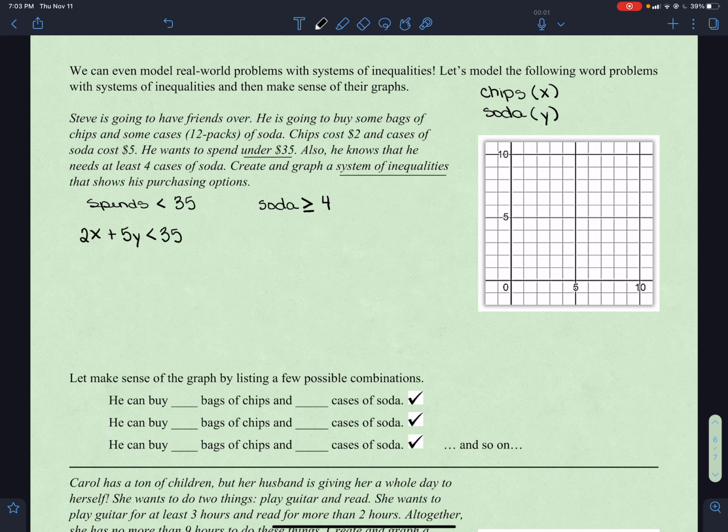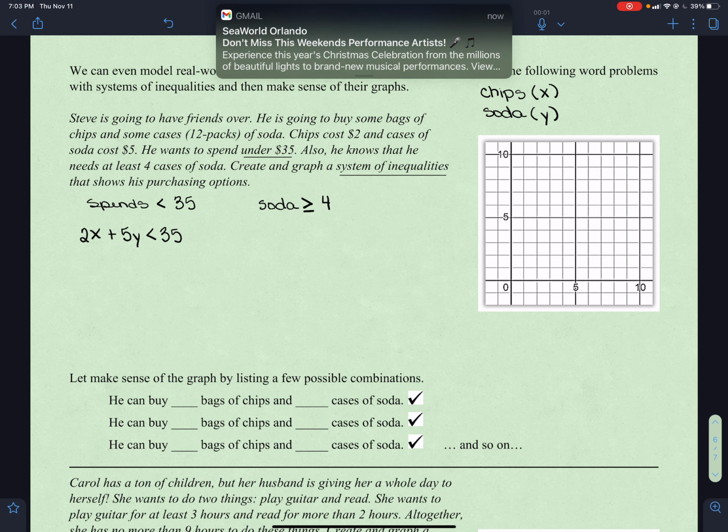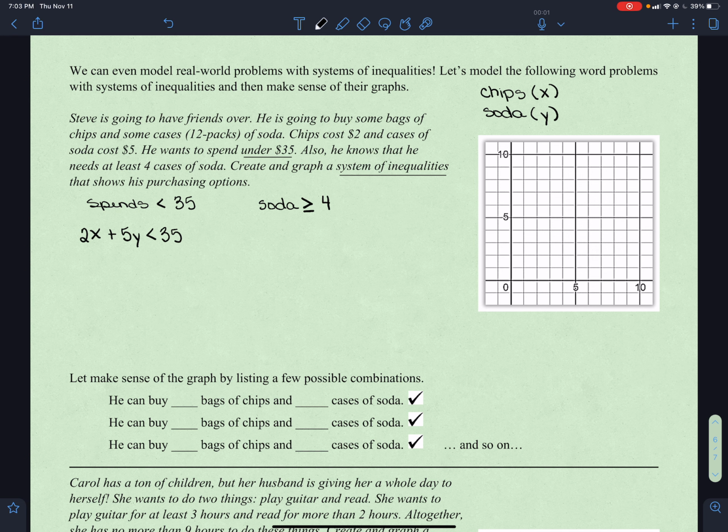Our second one, it's just saying that he has to have the soda has to be more than 4, and the variable for soda is Y. So Y is going to be greater than or equal to 4. Okay. Looking at the first equation, I need to get Y by itself. So I'm going to go ahead and subtract 2X from both sides.